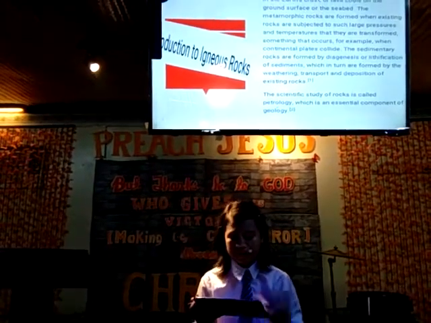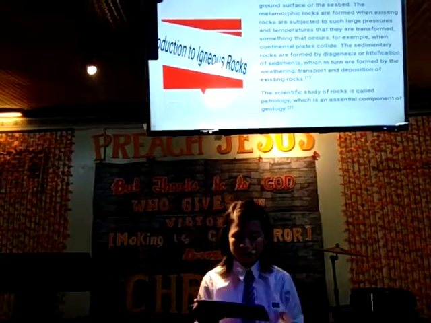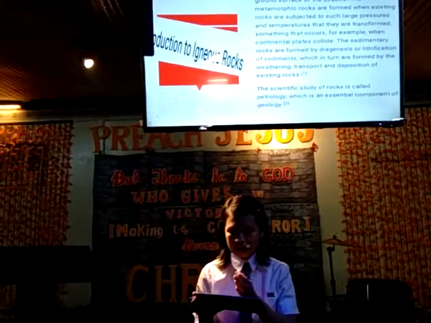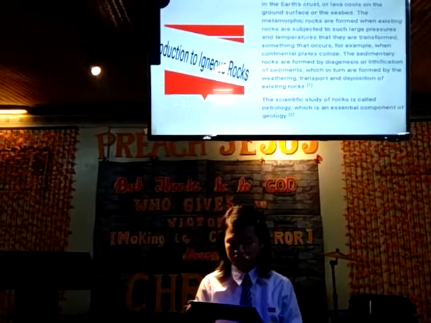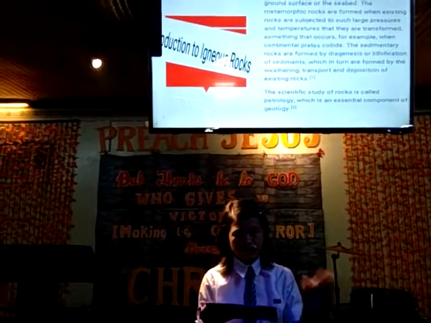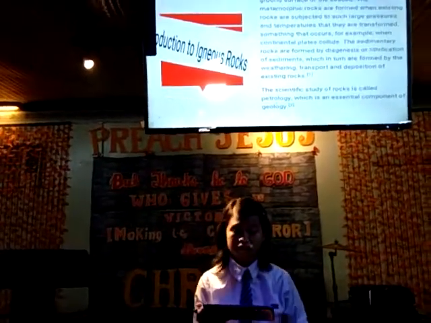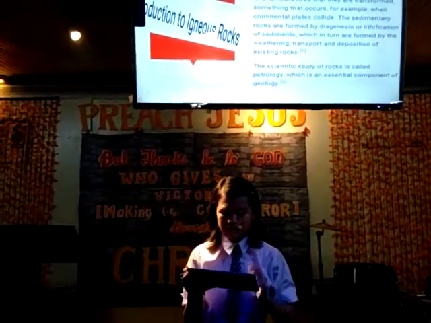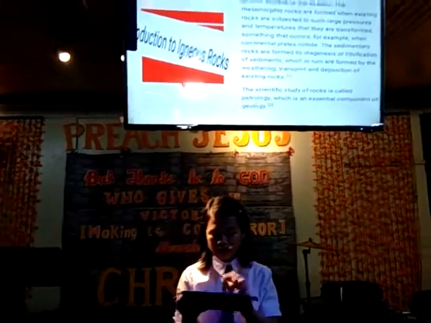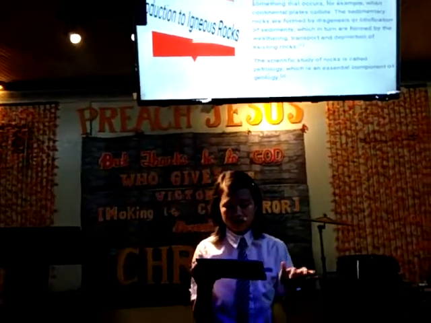Something that occurs, for example, when continental plates collide. The sedimentary rocks are formed by diagenesis or lithification of sediments, which in turn are formed by the weathering, transport, and deposition of existing rocks. The scientific study of rocks is called petrology, which is an essential component of geology.